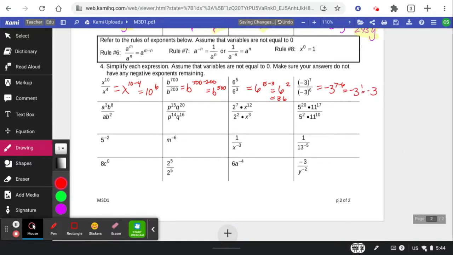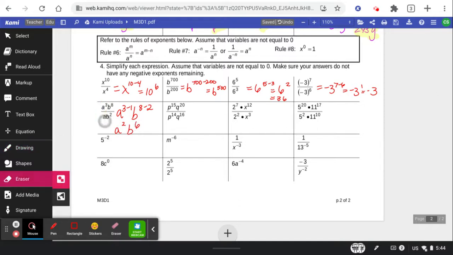All right, now we're starting to add in a little bit here. Look at it separately. Here's the a's. A to the 3 minus 1, b to the 8 minus 2 is equal to a squared, b to the 6th. Look at it separately.